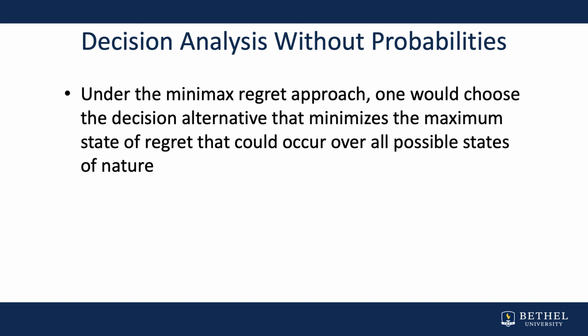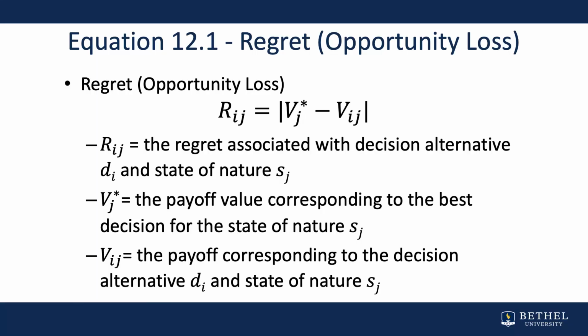Under the minimax regret approach, one would choose the decision alternative that minimizes the maximum regret that could occur over all possible states of nature. How do we figure out regret for a problem like this? Equation 12.1 gives us the view of what regret looks like mathematically.